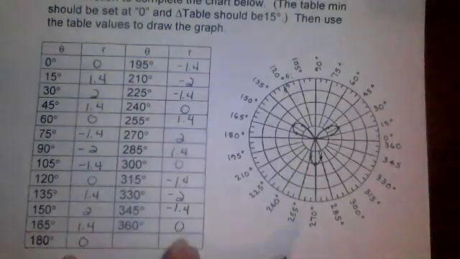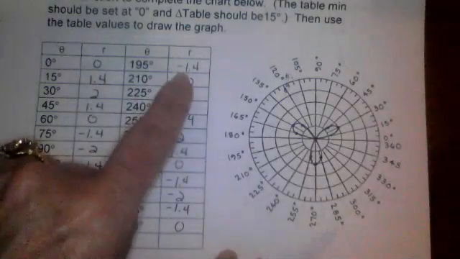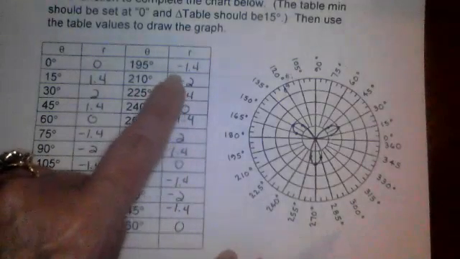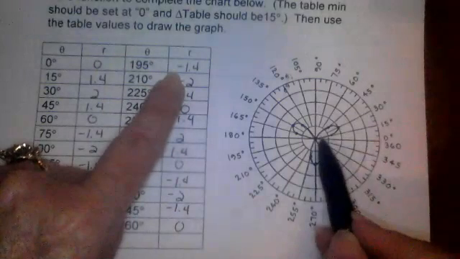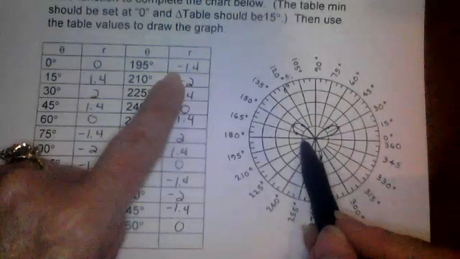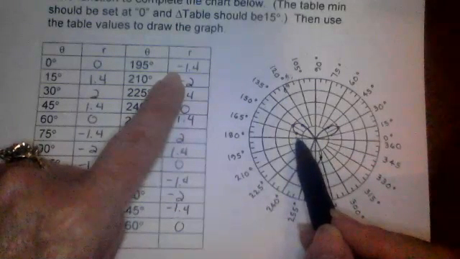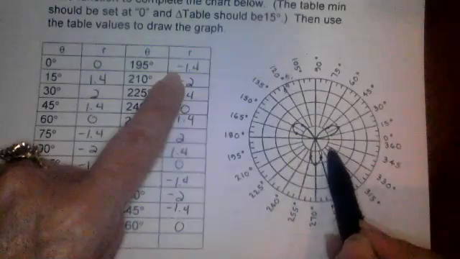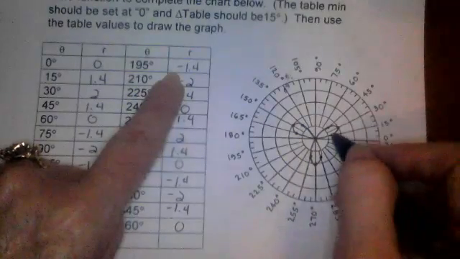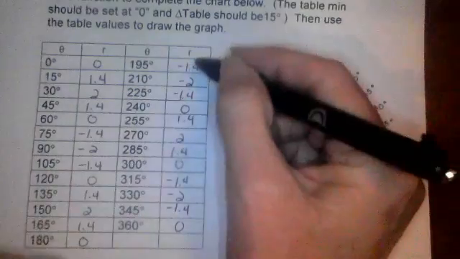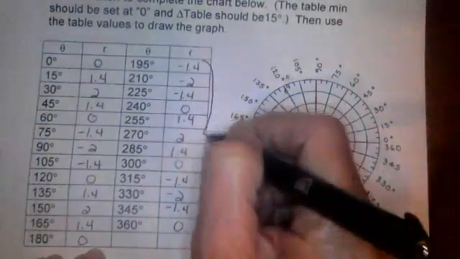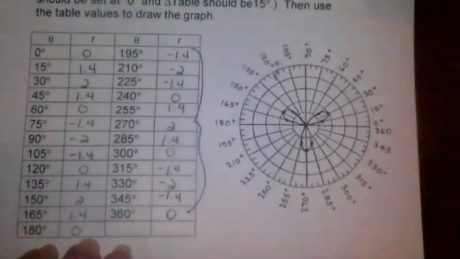So what does all this do? Well, this just doubles up. So I'll just show you a couple of these. If I go negative 1.4, 195 degrees, well, that's going to be 180 plus 15 degrees. So 180 plus 15 takes me right back to this point. So all of these values are values that we've already plotted.